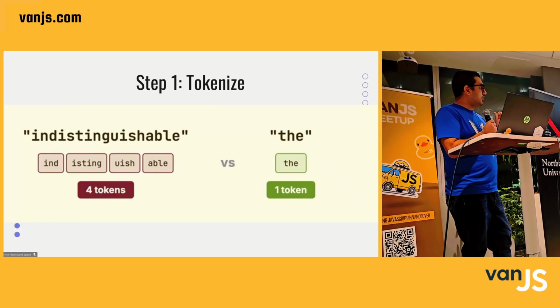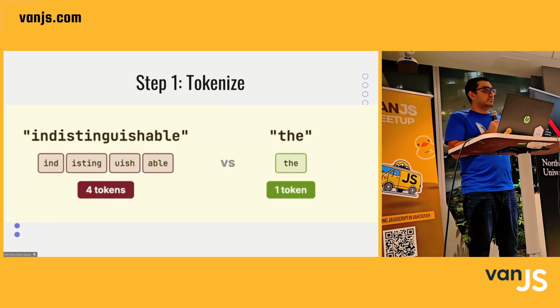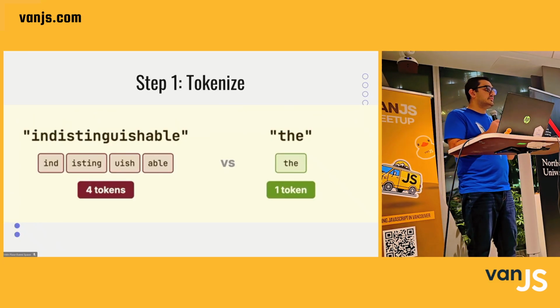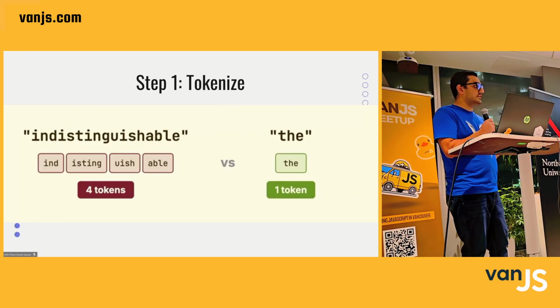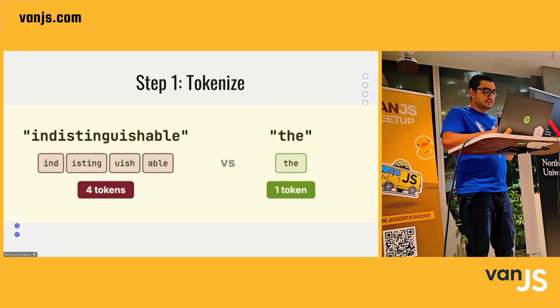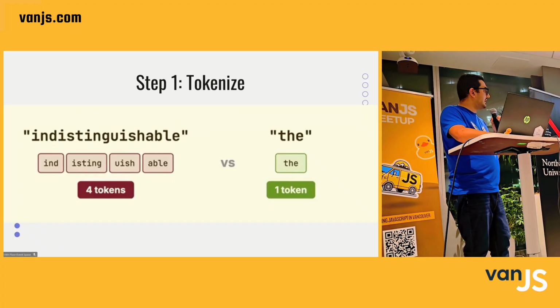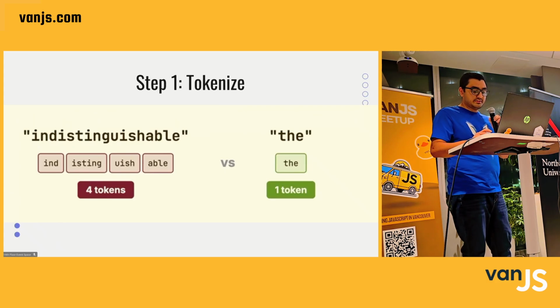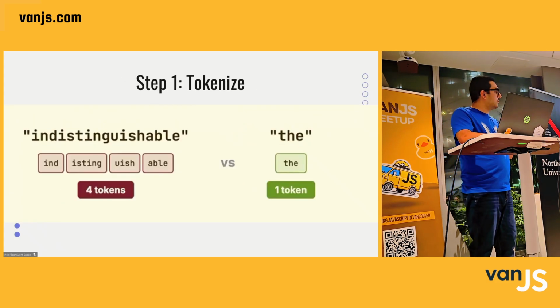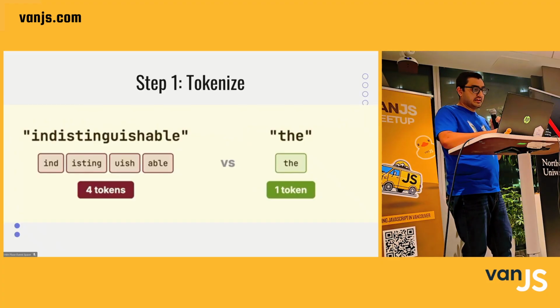For any LLM model, like I said, a word can be a token or it can be multiple tokens. So for example, for OpenAI's GPT model, you can actually go to their website, tokenize.openai, and you can find out the tokens that they're using.